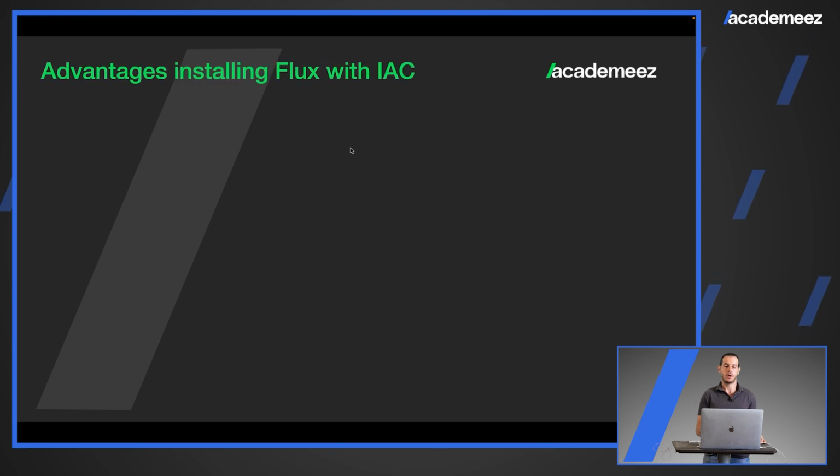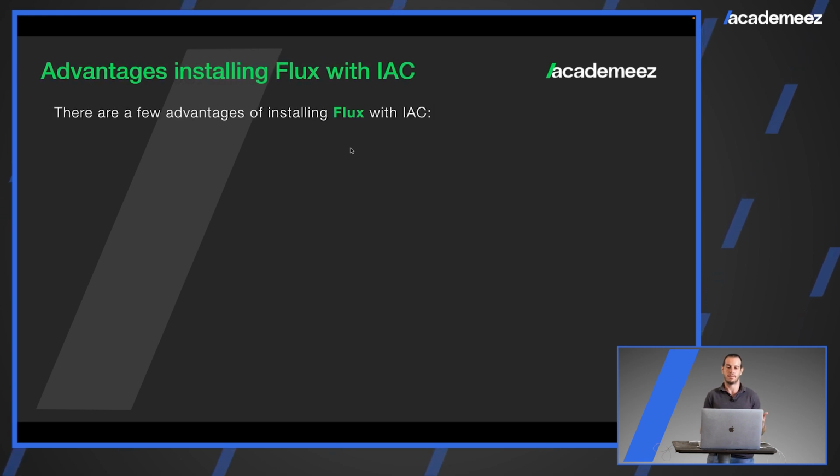And there are a few advantages of installing Flux this way, especially when your organization grows, when your app grows, when your startup grows. You are usually going to work with more than one cluster. You might have clusters for production, staging, dev. You might have a cluster for your CI. You might have clusters arranged by teams.